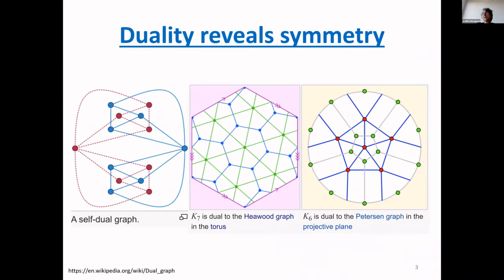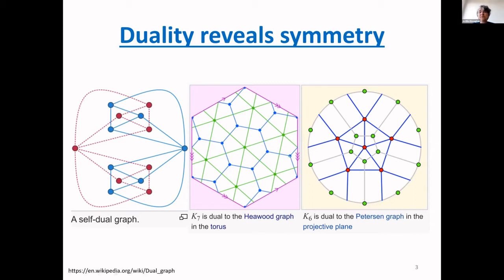So one of the reasons for looking at self-duality and self-Petrie dual kinds of structures is that they reveal symmetries of graphs. So these are even just some pictures out of Wikipedia. But this on the left is a self-dual graph in the plane.